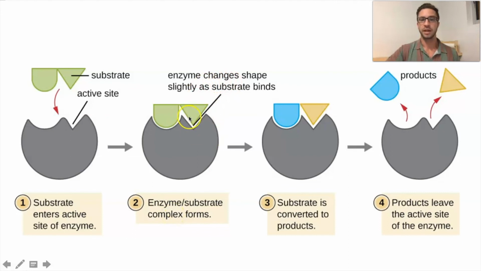Depending on the model that we're talking about, if it's the lock and key, it's a perfect fit. If it's the induced fit, then the enzyme will mold itself to fit the substrate. Reaction takes place and out come the products. An example is hydrogen peroxide coming into catalase, which is then broken down into oxygen and H2O.